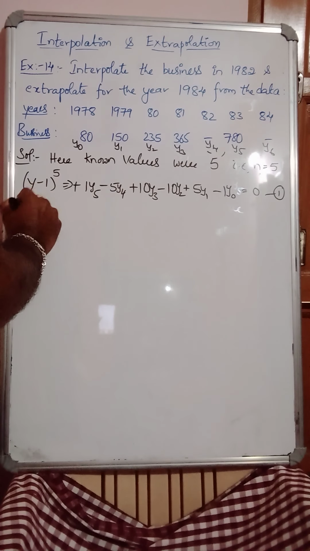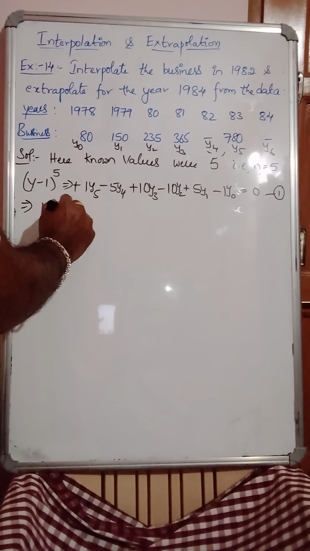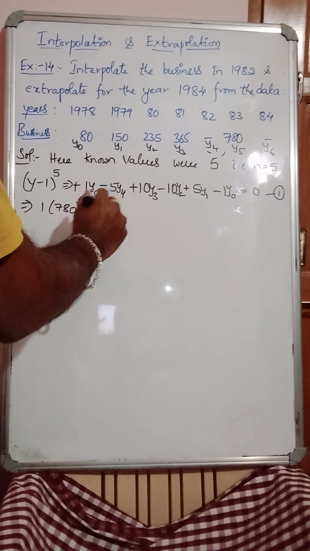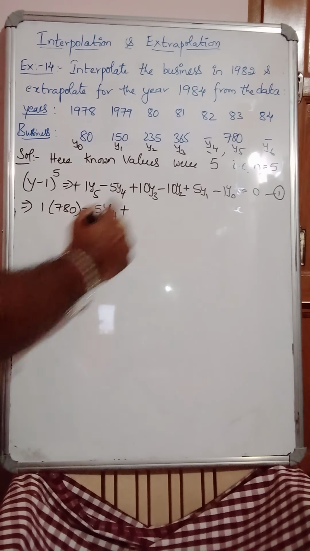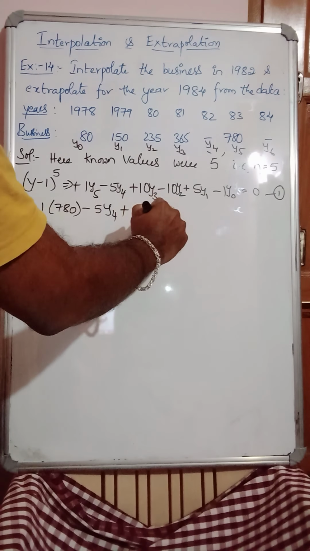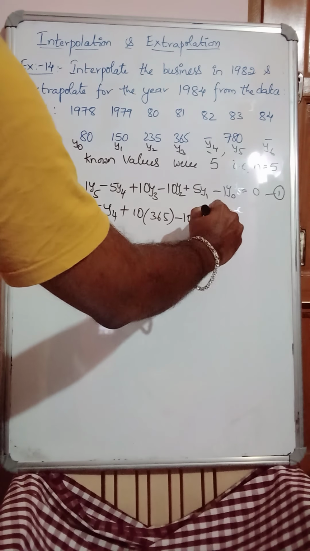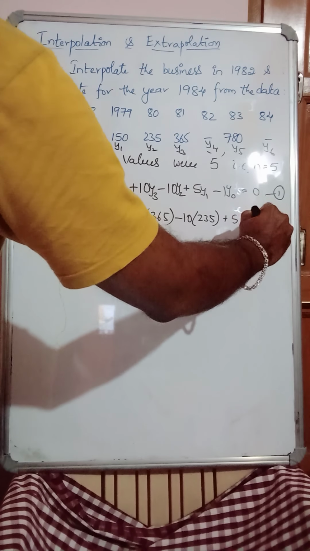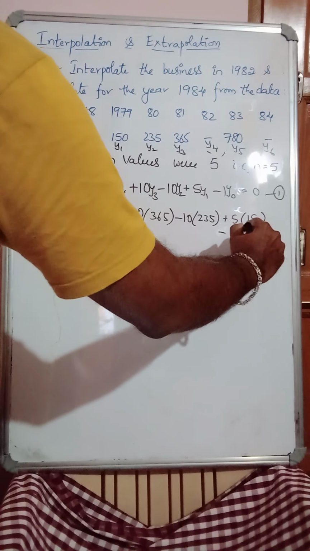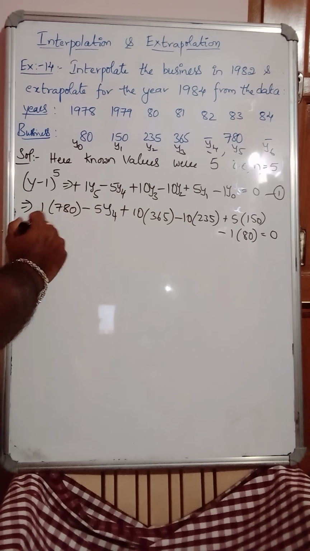Substitute the values now here. 1 into y5 is 780 minus 5 into y4 need to be estimated plus 10 into 365 minus 10 into 235 plus 5 into 150 minus 1 into 80 equated to 0.